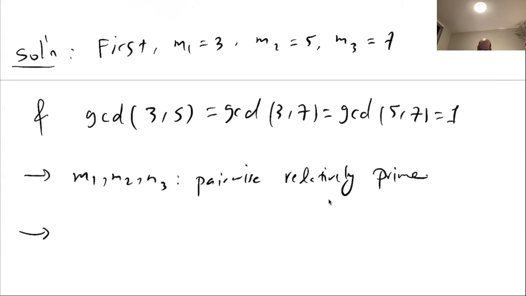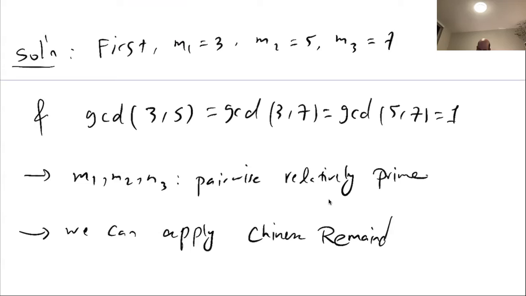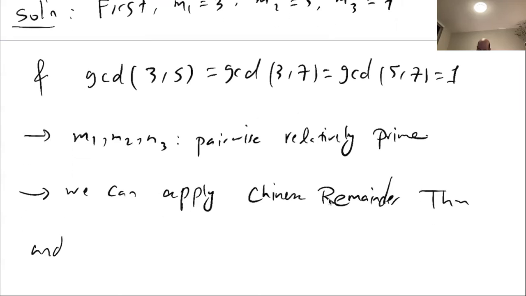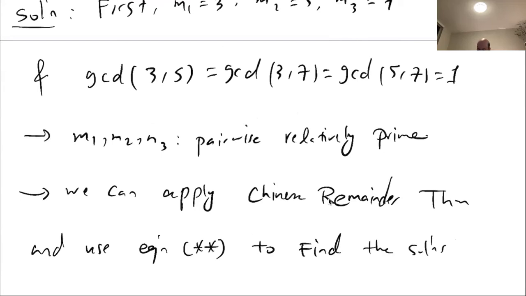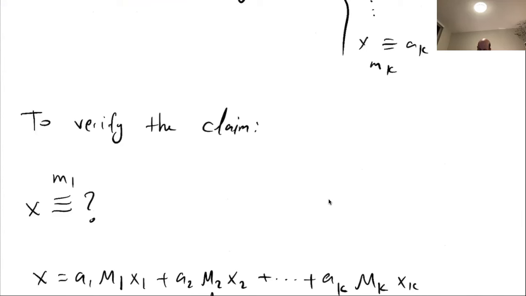That means we can apply the Chinese remainder theorem and use, let's say, equation 2 star to find the solutions. Let me call this equation 2 star.